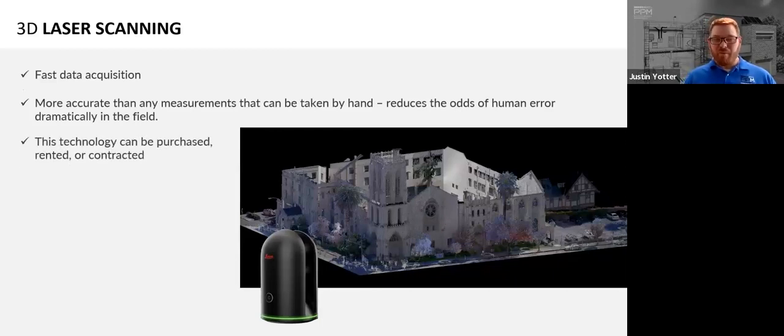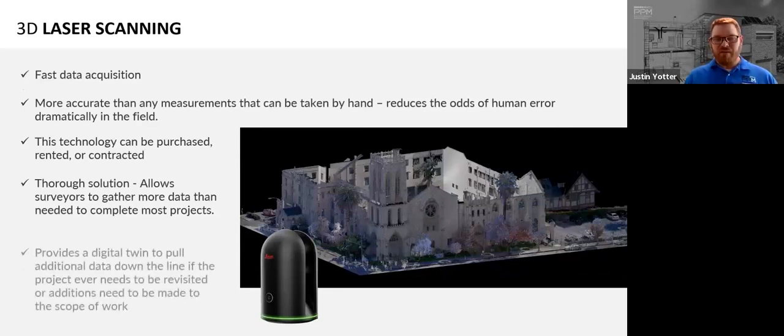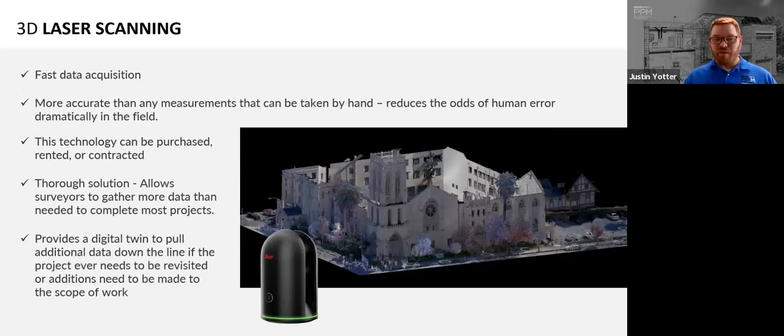It's technology that can be purchased, rented, or contracted. It's a thorough solution, allows surveyors to gather more data than needed to complete most projects, and provides a digital twin to pull additional data down the line if the project ever needs to be revisited or additions need to be made to the scope of work.